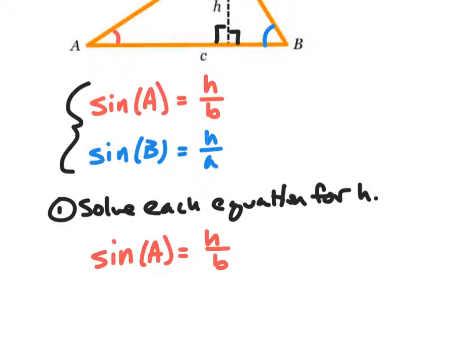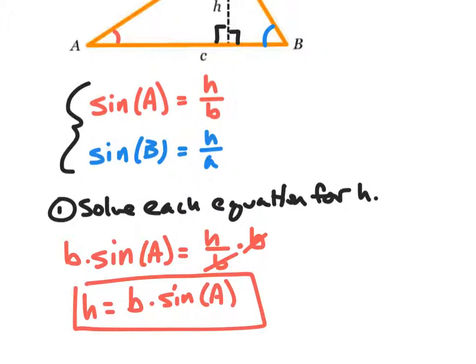I would multiply both sides by b in order to get h by itself, and I get that h is equal to b times sine of A. That's the first one.